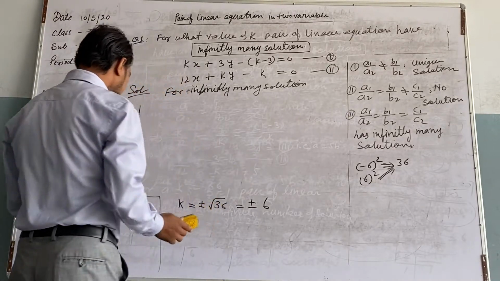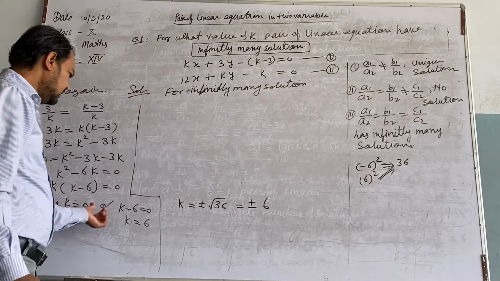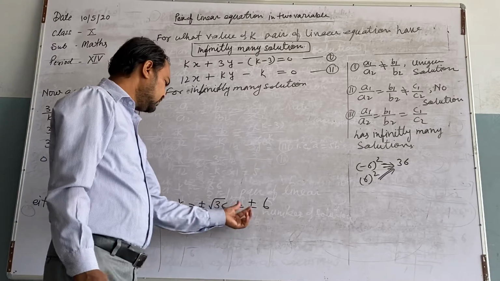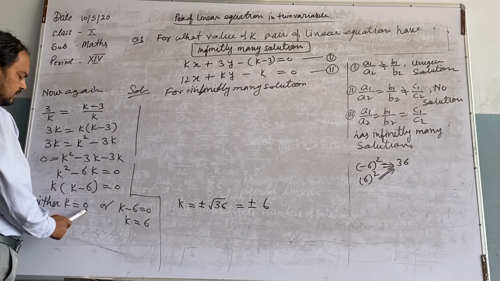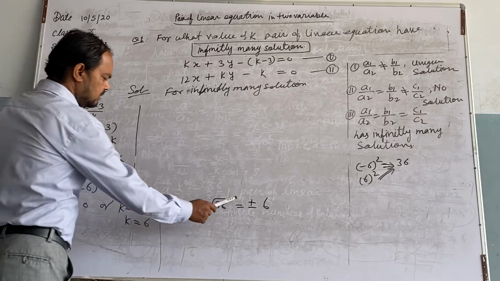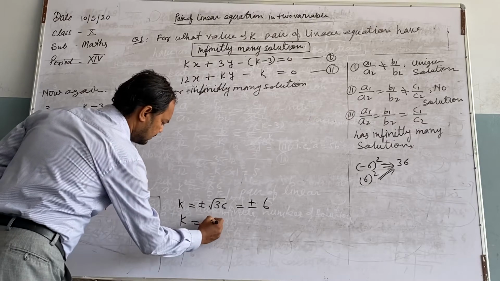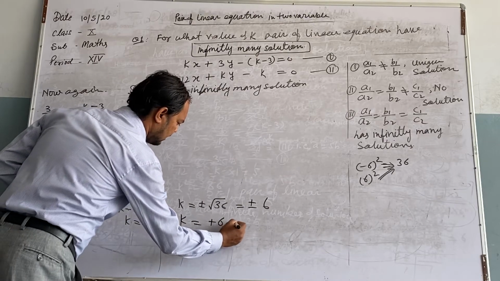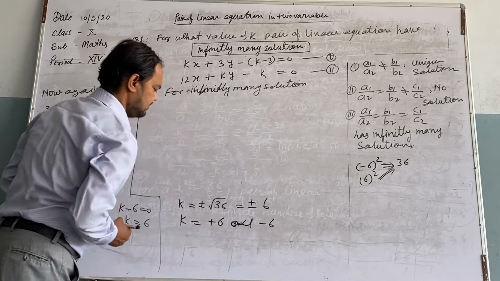What was common in both results? In this result and in this result. So, as you see here, k equal to 0 or k equal to 6 here, and k equal to plus 6 also here. We can also write it like this: k equal to plus 6 or k equal to minus 6.